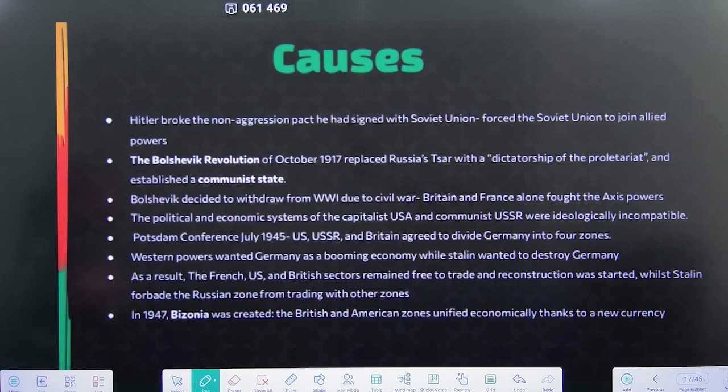I told you that the Bolshevik Revolution had already replaced the Tsar with the dictatorship of the proletariat and established a communist state. And the Bolsheviks had already withdrawn from World War I because of a civil war going on on their own side. The political and economic systems of capitalist USA and communist USSR were ideologically incompatible.